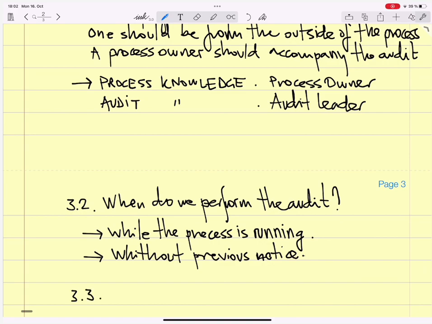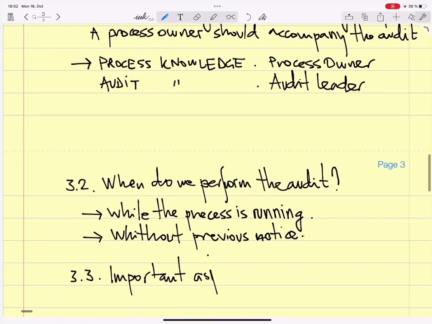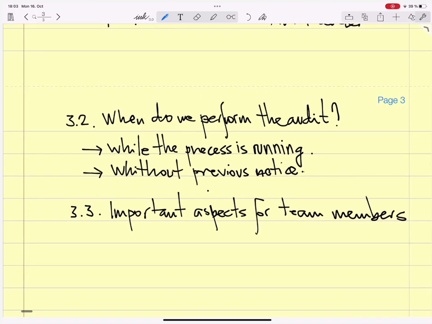Important aspects. For team members, an audit is a way to empower, is a method to empower.